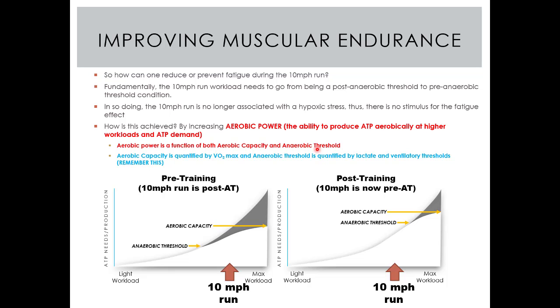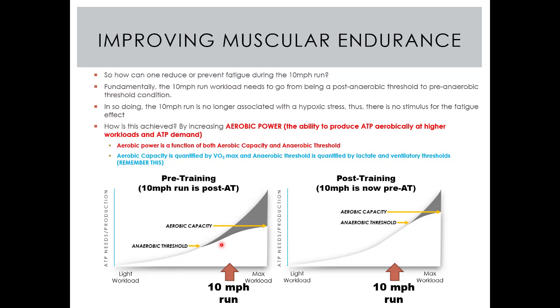So as a refresher for the term aerobic capacity, the aerobic capacity is the maximum ATP producing ability of the aerobic system, or in other words, the mitochondria. So as you can see in this figure, as you undergo training, the white curve increases, raising the anaerobic threshold, as well as the aerobic capacity, which together again is described as an increase in aerobic power.